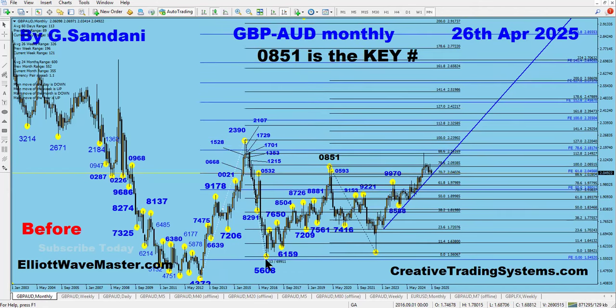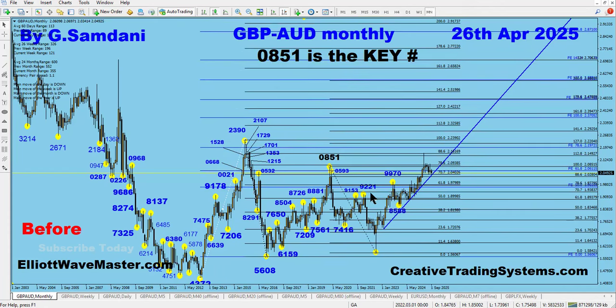So this is A, B, and since we are not having a 100%, it will be coming to this 161 of this fib. This is more like a target on a monthly chart. I'm not talking about something that will happen in a day or two, or a week or two. It's a long-term picture.